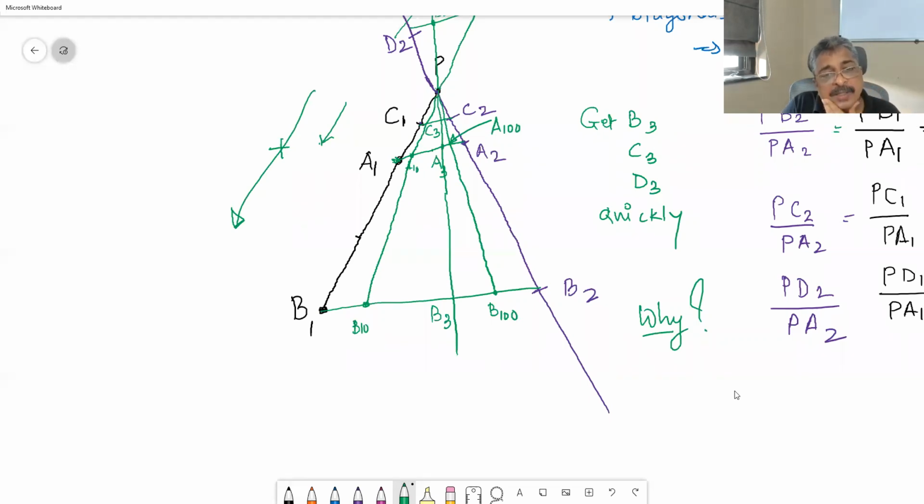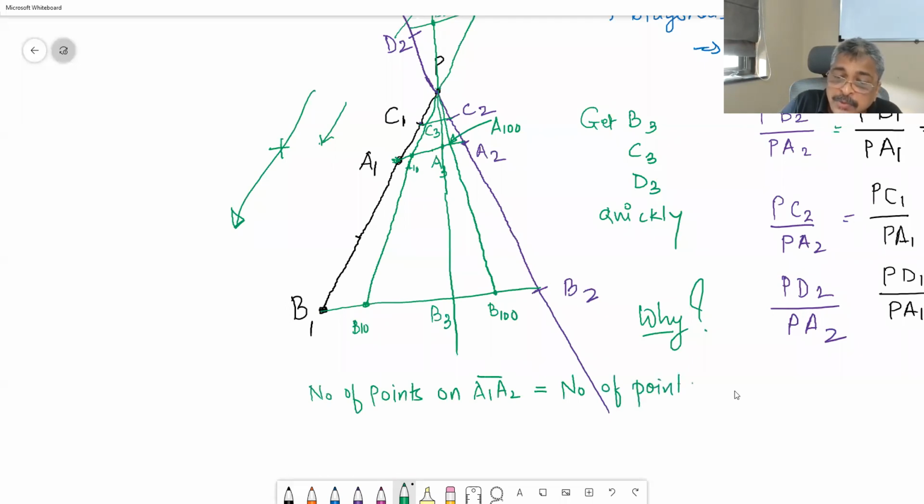Oh my God, this is good. Therefore, the number of points on segment A1, A2 is exactly equal to the number of points on segment B1, B2. Agree or not?